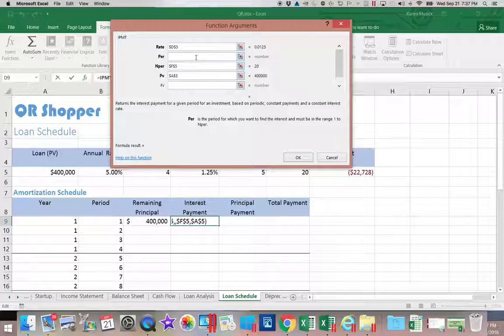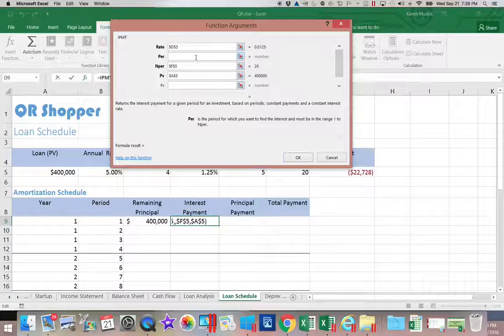But when I come to payment 2, I owe less than $400,000. So when it computes the interest, it computes it on a lower amount. That lower amount causes there to be less interest. So your interest payment starts out high and goes low. Your principal payment starts out low and gets higher as the life of the loan changes.